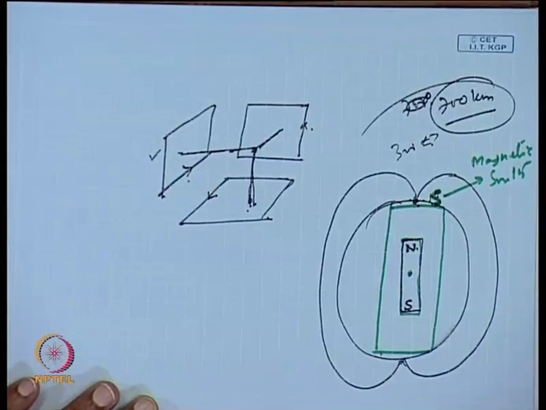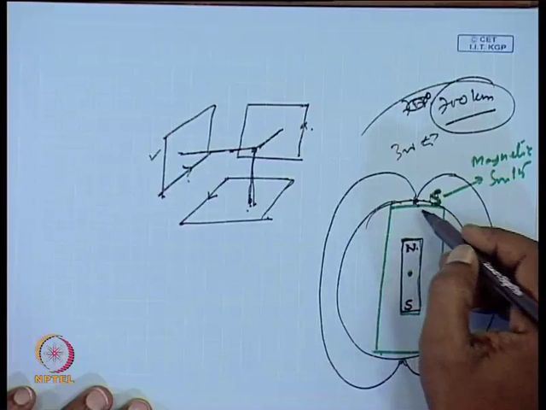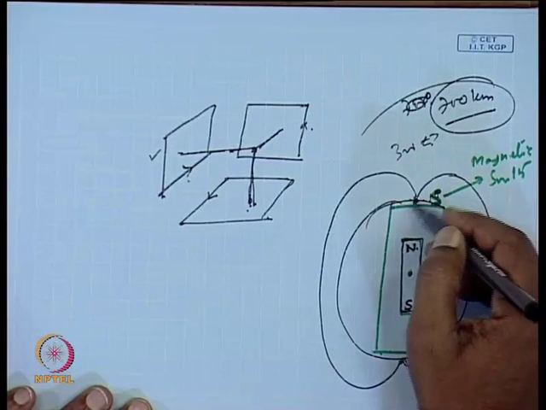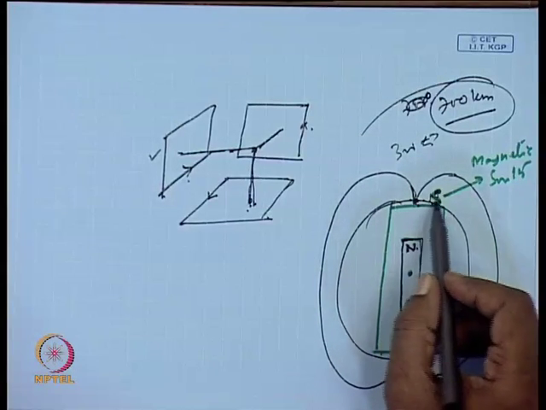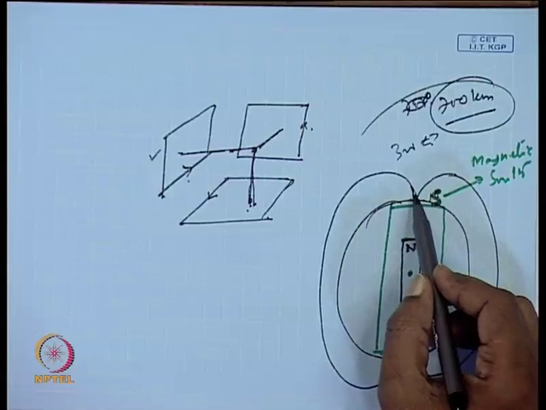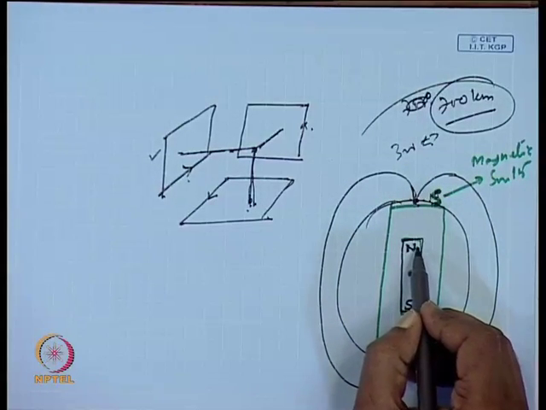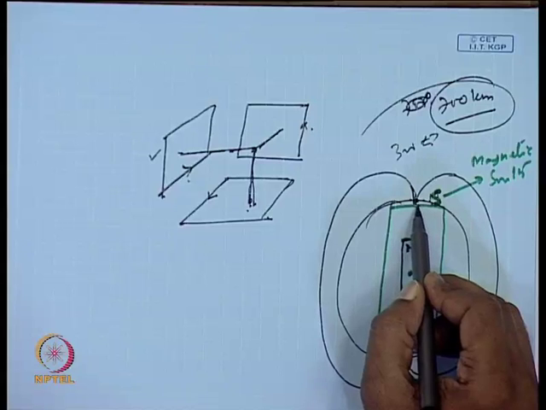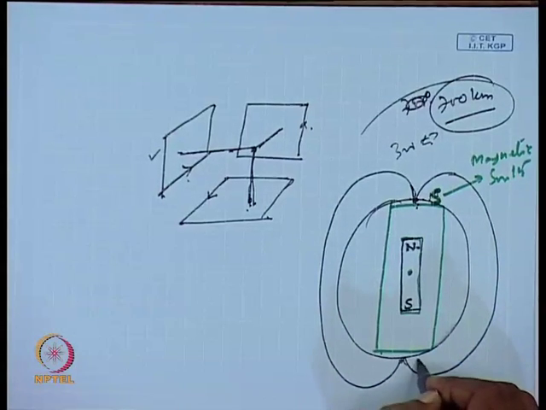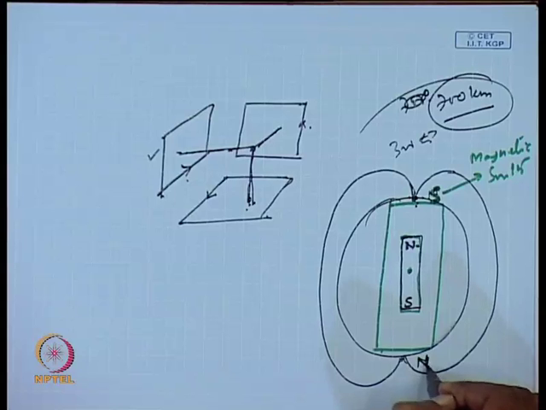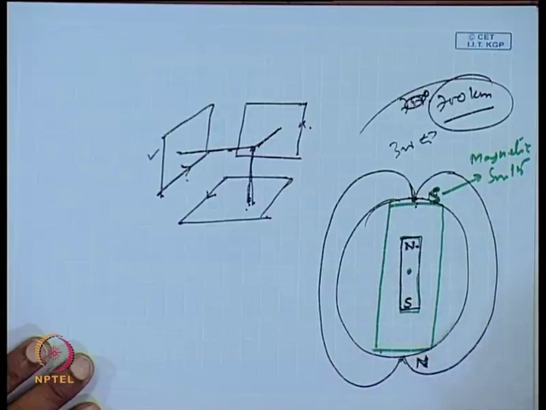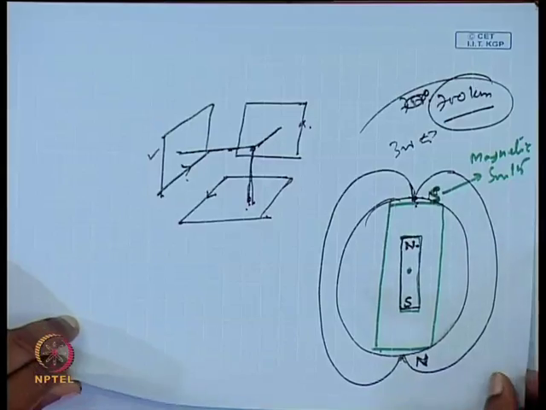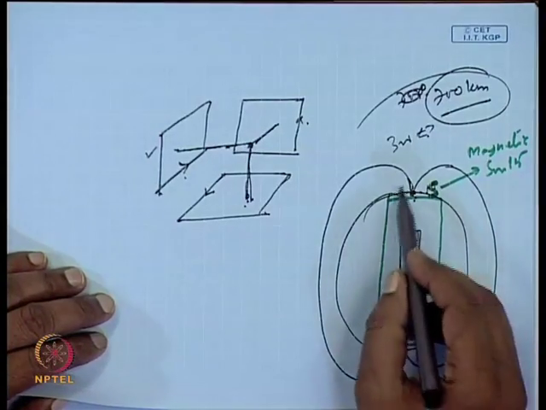The north pole of the earth, which you call the geographic north, is basically the magnetic south of the earth, because the north pole of a magnet will only orient towards the south pole, and the south pole will only orient toward the north pole of a magnet. So the earth can be assumed to be a big magnet.